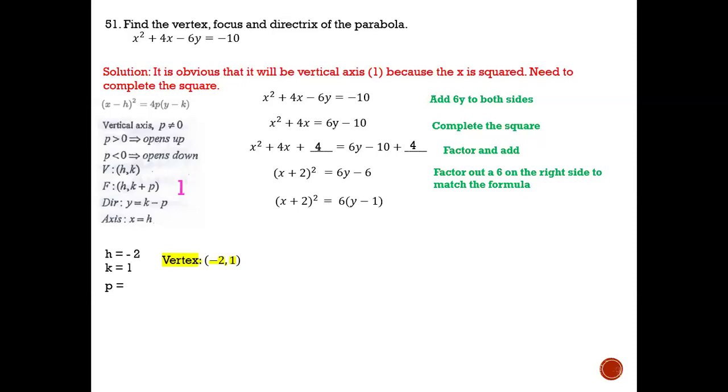Okay, I can find my focus by plugging into the formula, but since my focus is 6, and from my formula, the focus is 4p, so set 4p equals to 6, okay? So divide by 4 on both sides, I get p is 3 halves. So there's my focus.